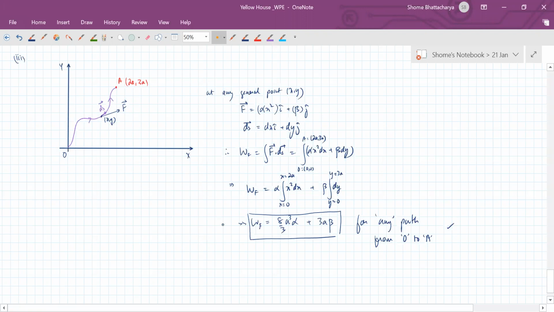So here we can say that for this particular force given by that relation, the work done is path independent.